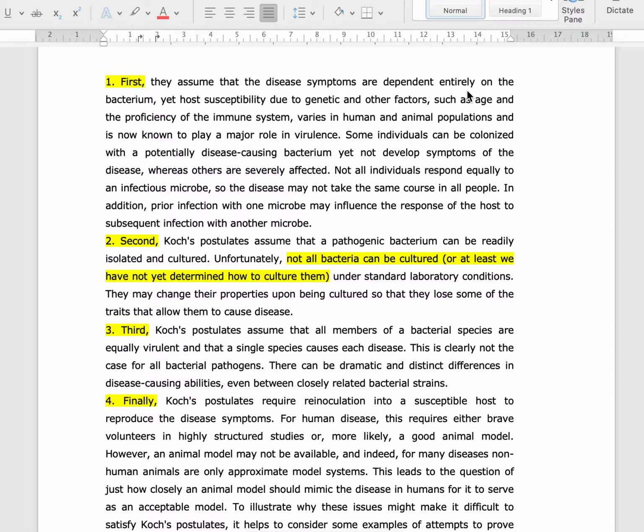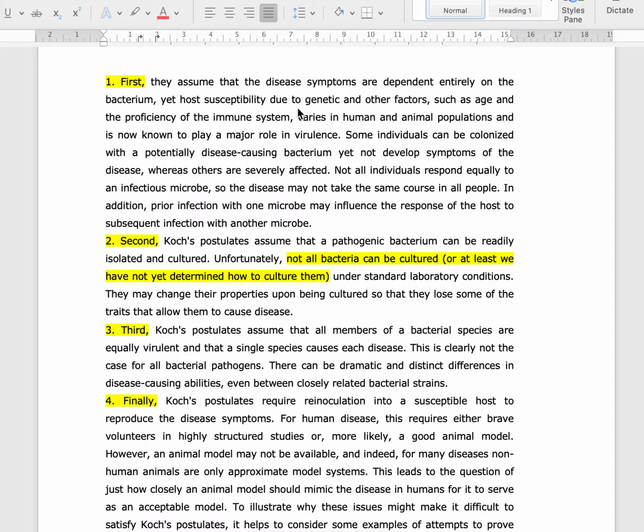Because the susceptibility of a host, that means whether they will get the disease or not, depends on several factors, right? For example, the genetics of that host and other factors like age and the natural immune system. These vary from host to host, from one human to another, or one animal to another.